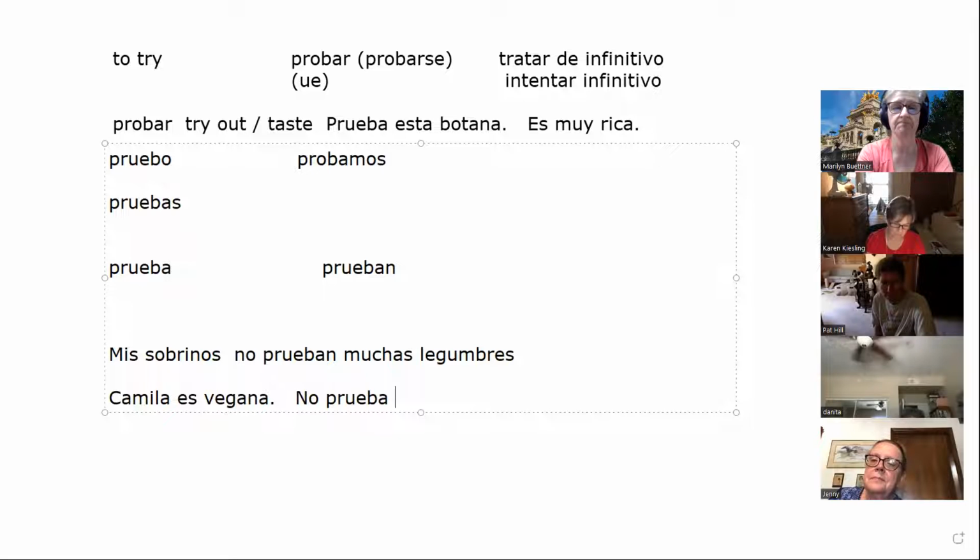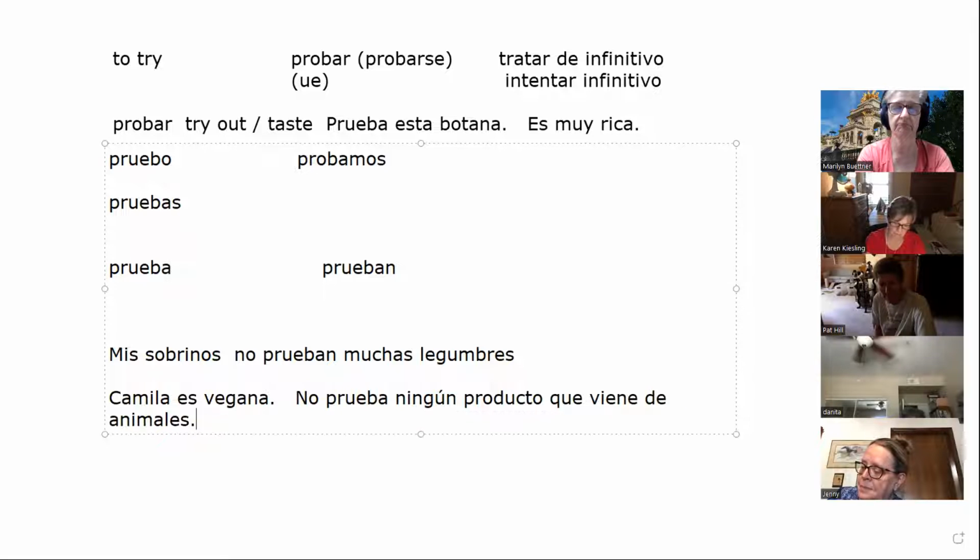No prueba ningún producto que viene de animales. She doesn't taste, sample, try out any product that comes from an animal. Camila es vegana, no prueba ningún producto que viene de animales. She doesn't try anything that comes from an animal. She doesn't taste anything that comes from an animal.